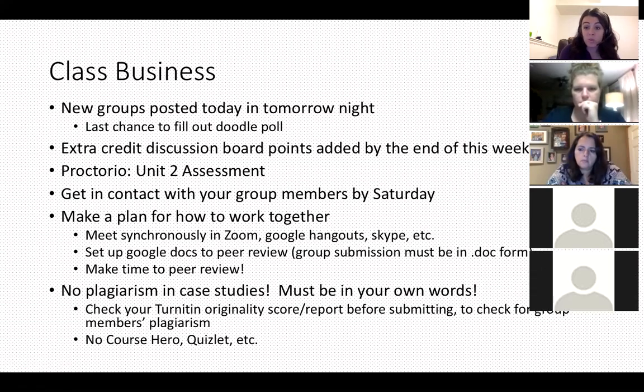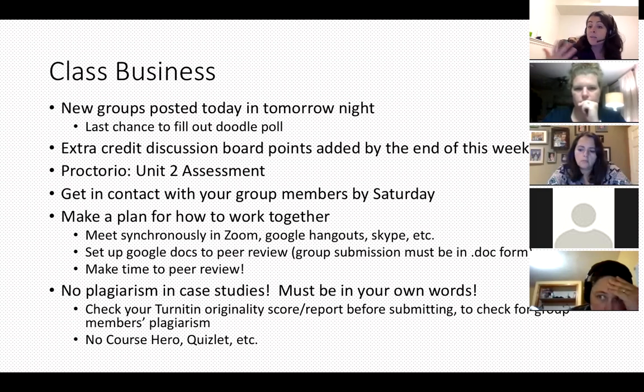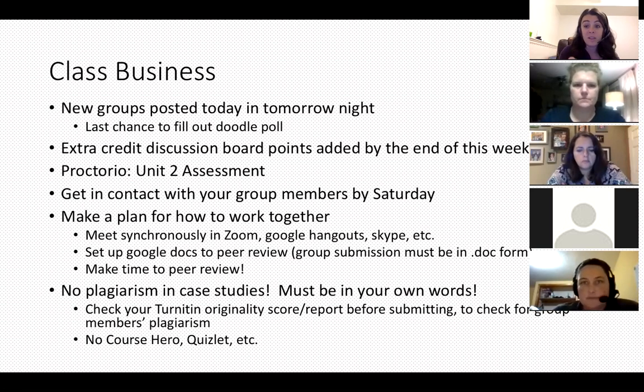Things do need to be in your own words. Part of that is because being able to accurately summarize something shows that you've mastered that concept. Quotes just show me that you know how to Google. And just a reminder, stay away from things like Course Hero, Quizlet, and stuff like that. And also, you should not be sharing work with future students either.